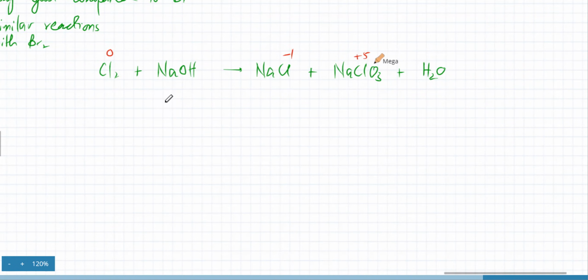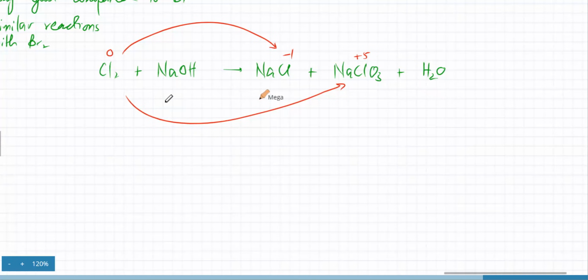Now, the reason it's a disproportionation reaction is because the same element is getting reduced. So it's going to minus 1. And the same element is also getting oxidized. It's going to plus 5. So that means it's losing 5 electrons, and the same element is also gaining 1 electron.